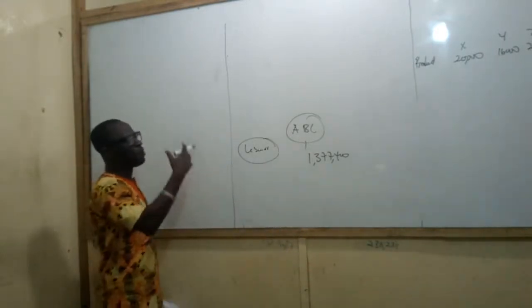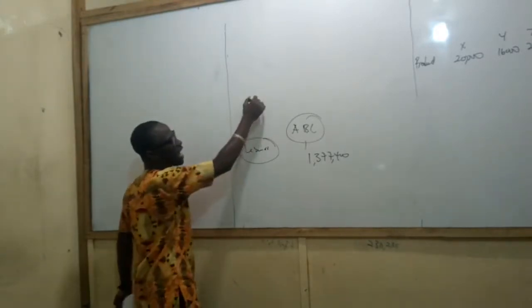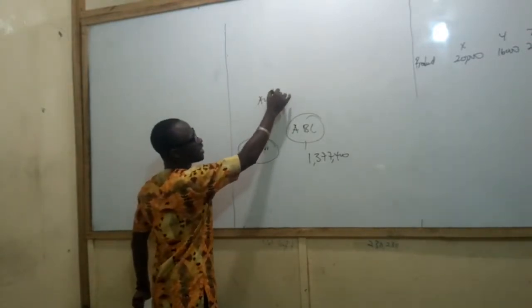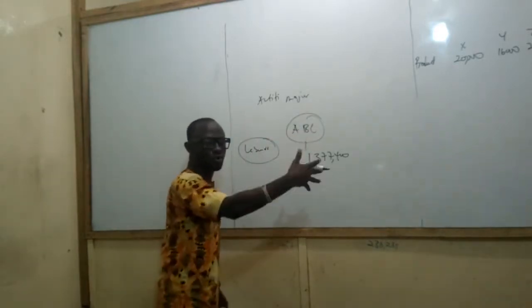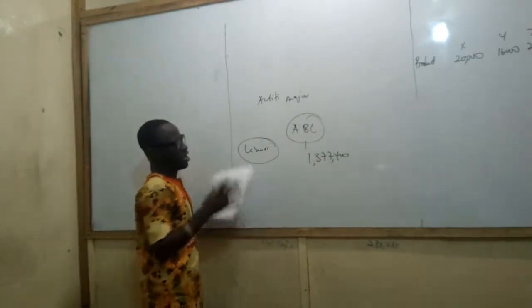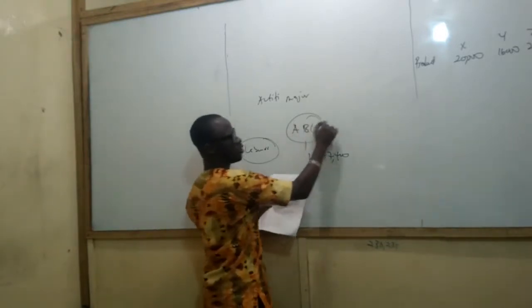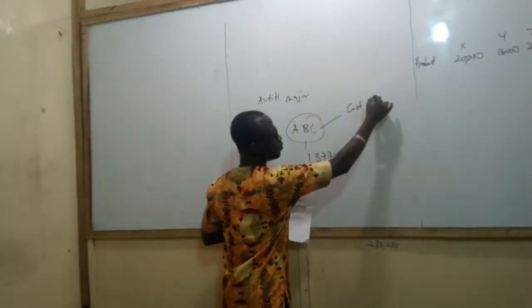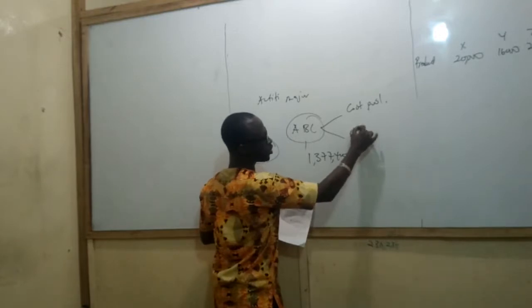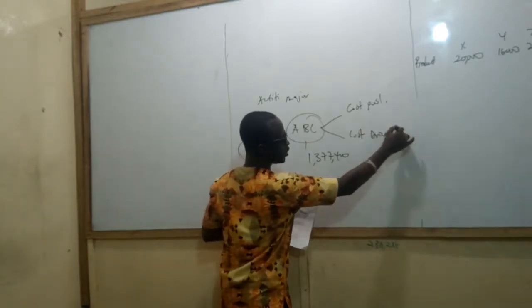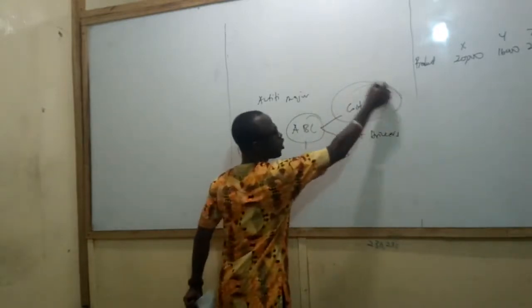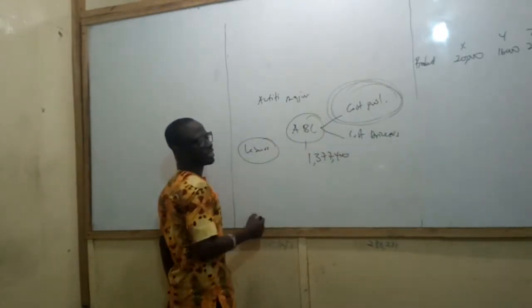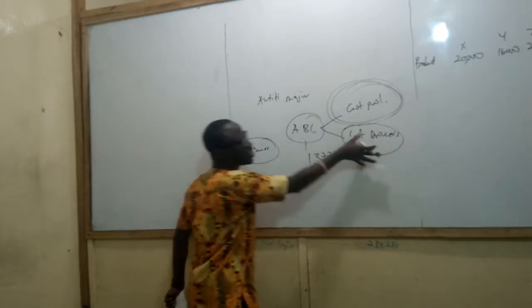The way we could apportion overhead better is to look at the major activities within the organization that actually drive the cost of the organization. So under activity-based costing, we are looking for what we call the cost pool and then the cost drivers. So we are looking at the various costs that we undertake, the major things that we undertake, and then the events that drive that cost.